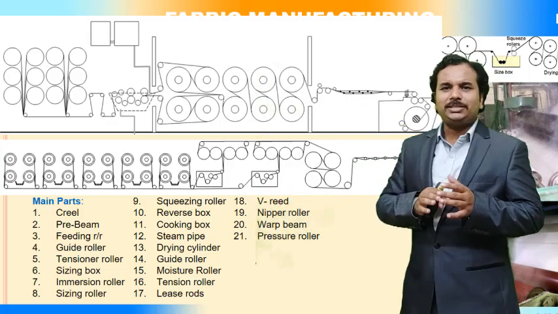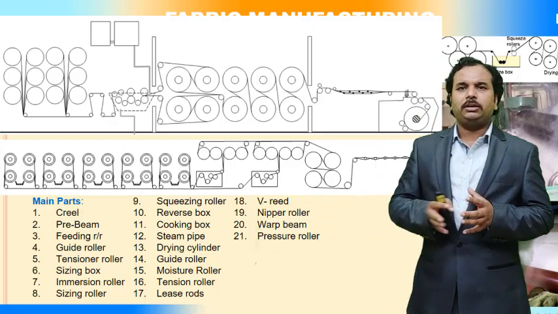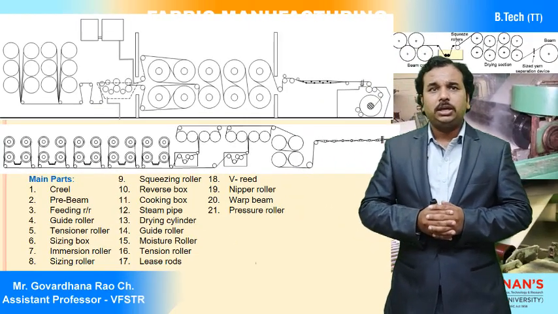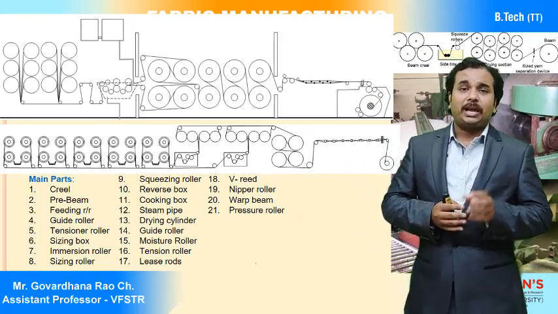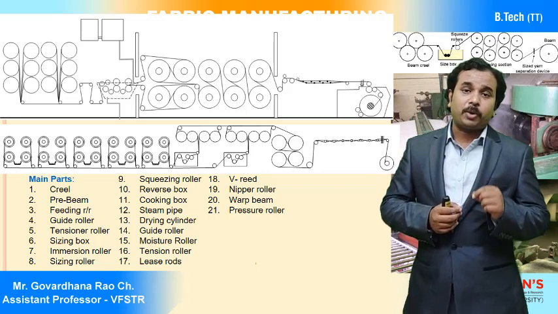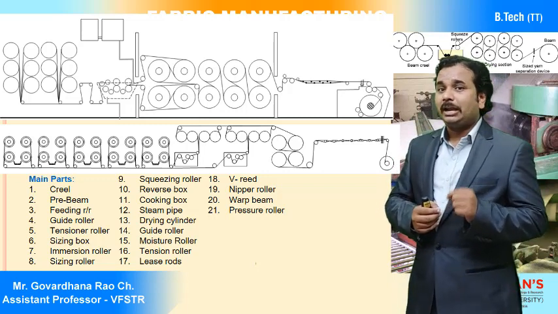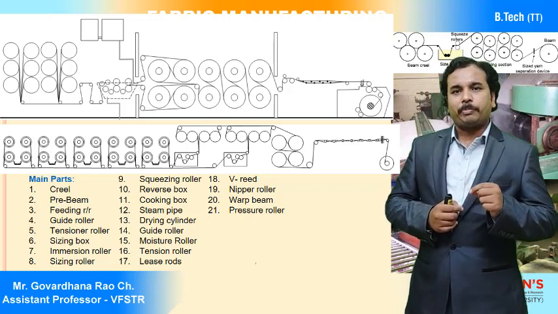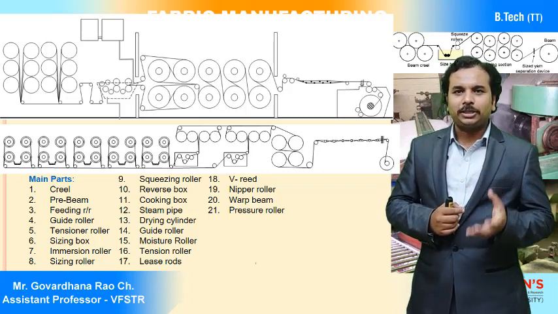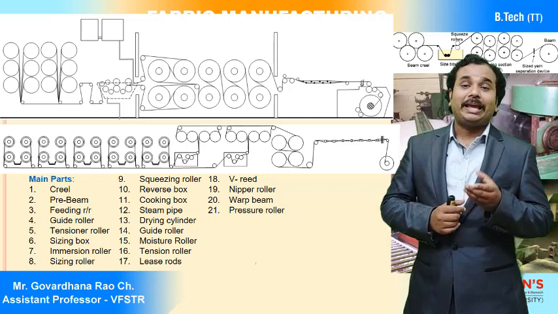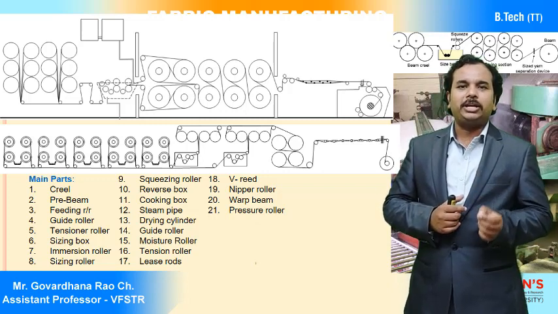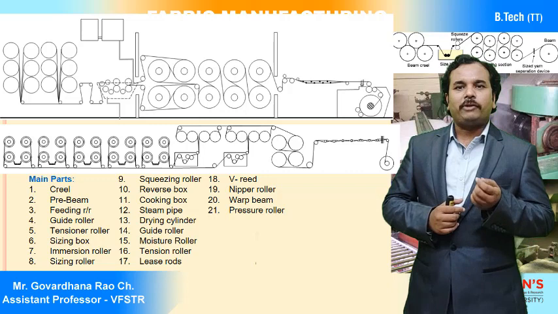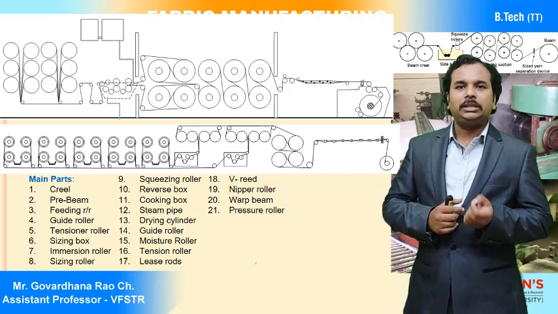Why is this splitting generally done? Because of the number of warper's beams in the creel, which is nothing but the end density, the number of ends per 1 inch, or the number of ends required in the weaver's beam.